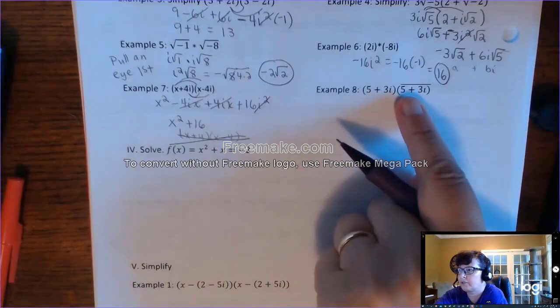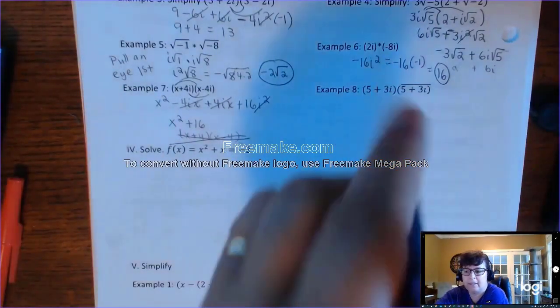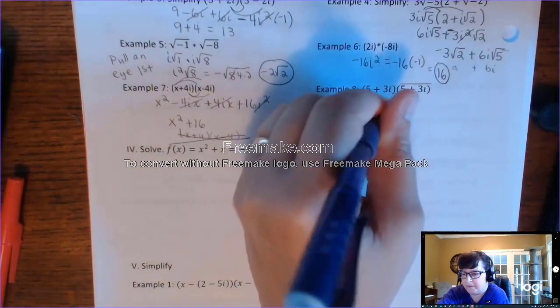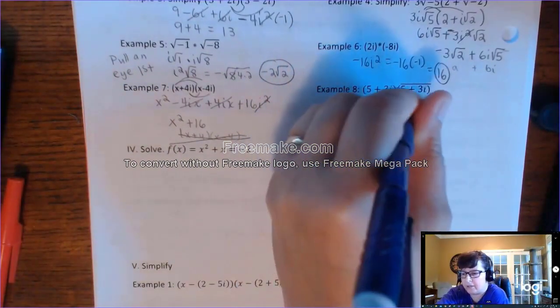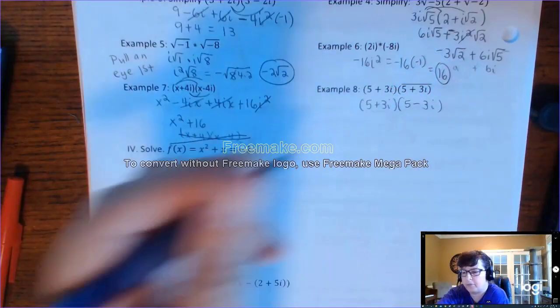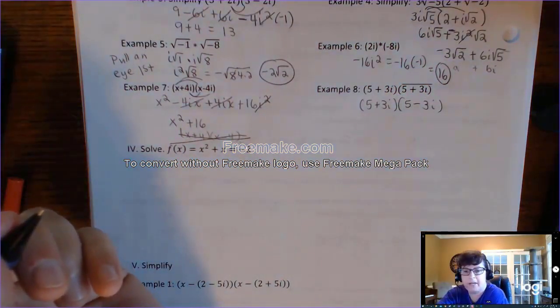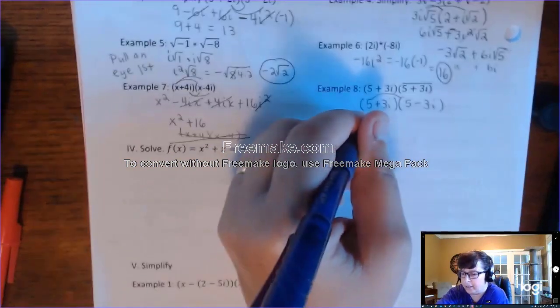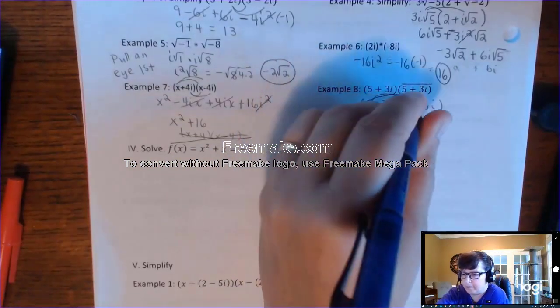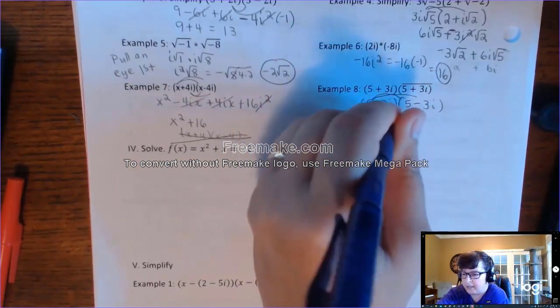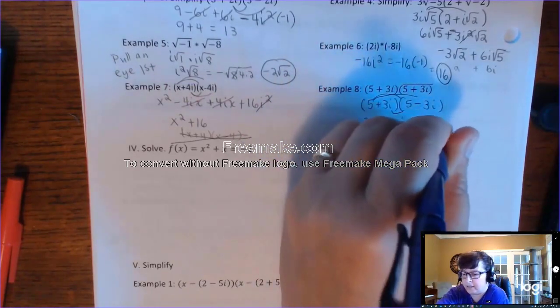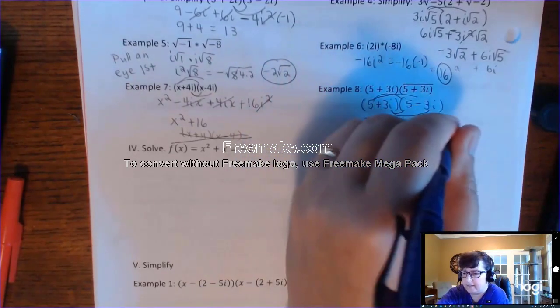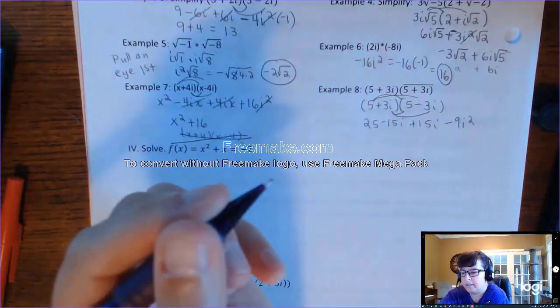Okay, do you remember what this notation means? This is 5 plus 3i times the conjugate of 5 plus 3i, which is 5 minus 3i. So you can do this the long way. FOIL it out. That's 25 minus 15i plus 15i minus 9i squared.